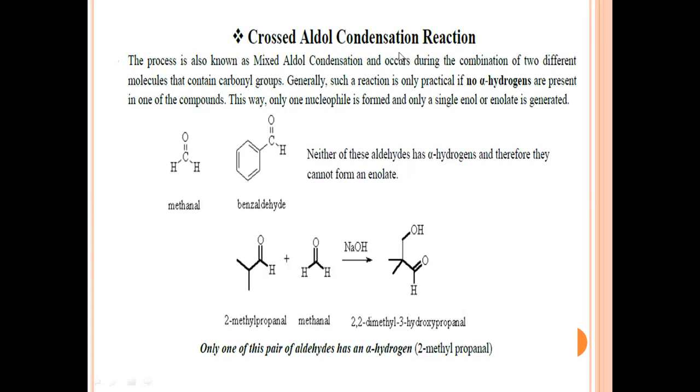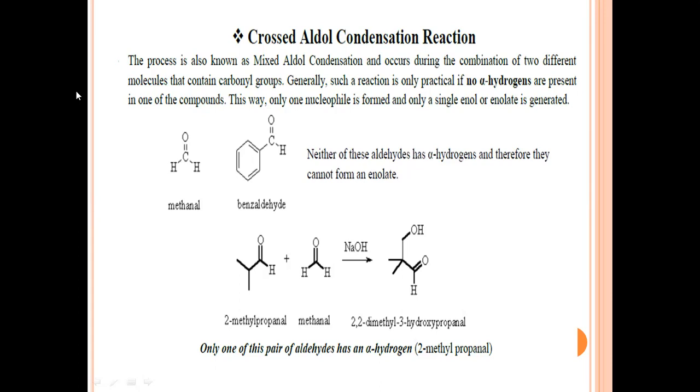But what is the difference between the normal aldol condensation reaction and the crossed aldol condensation reaction? This is a mixed aldol condensation reaction that occurs when there is a combination of two different molecules which contain the carbonyl group.